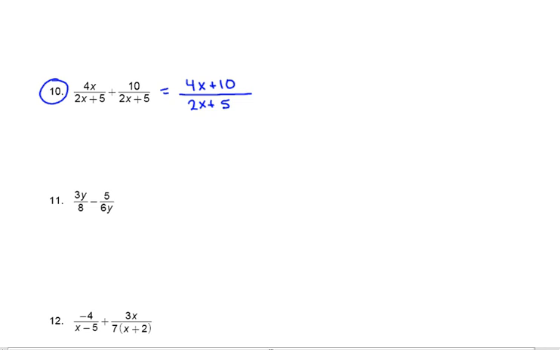Now, is there something we can do with the top? Take out a 2. What happens? They cancel out. The answer is 2. They're still in the NPVs. X can't be negative 5 over 2.